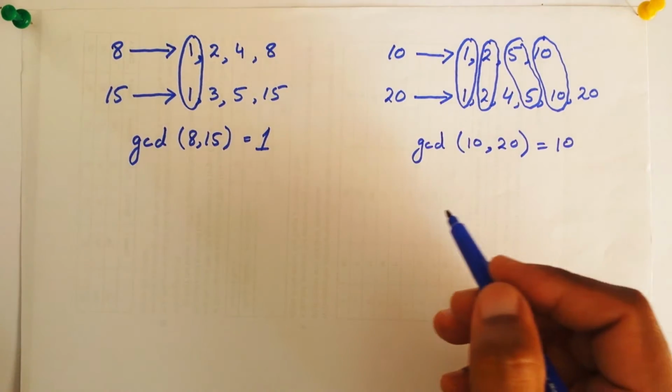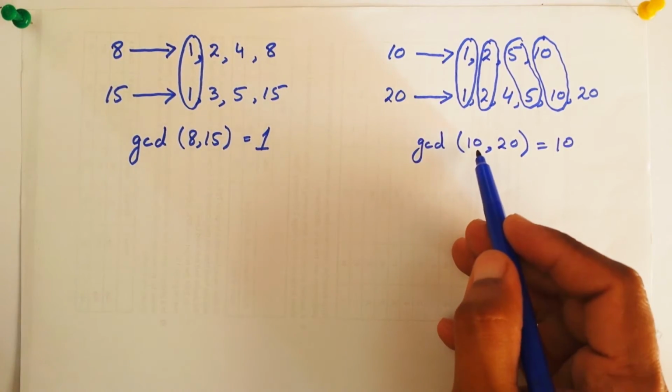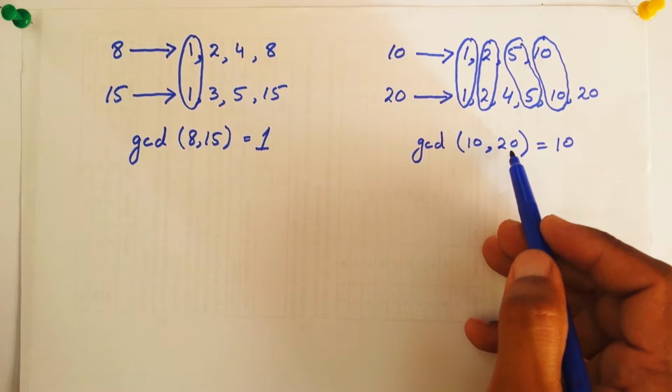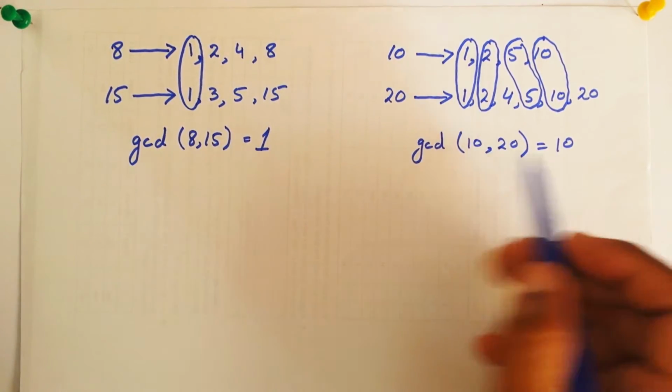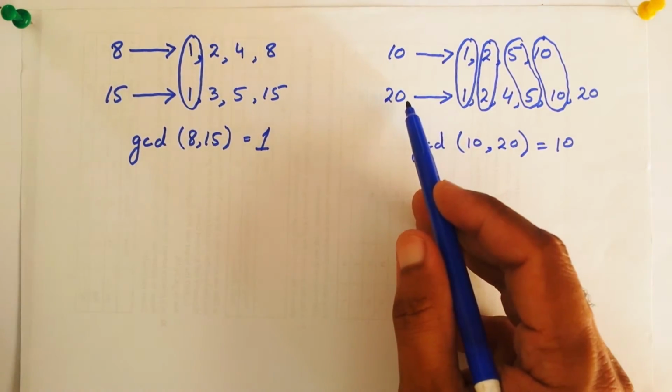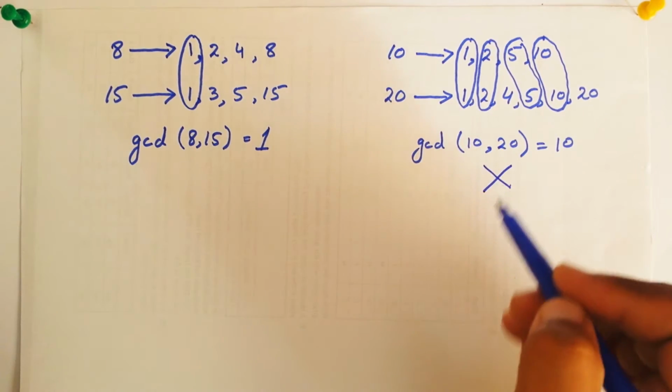So according to the definition, 10 and 20 are not relative prime numbers, because relative prime numbers are those numbers whose GCD is 1. So here 10 and 20 are not relative prime numbers.